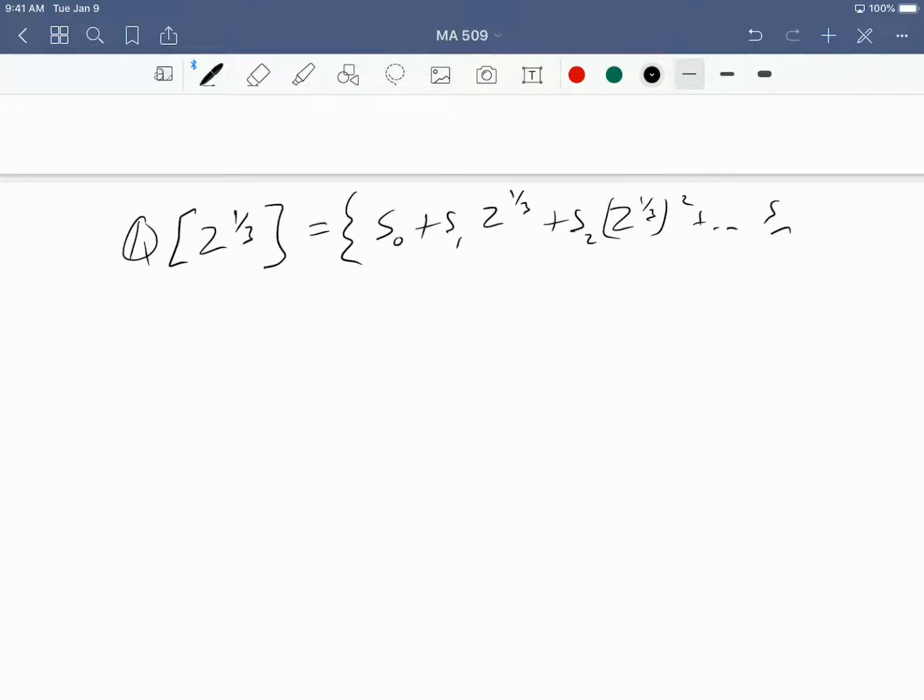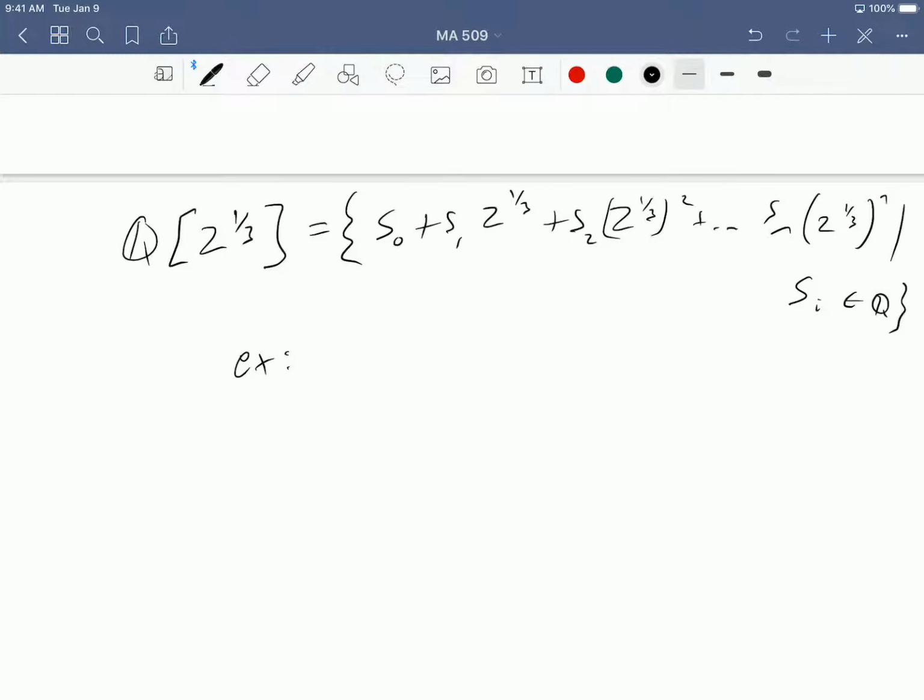Okay, I have all these powers of 2 to the 1/3, and the s_i's again are all in Q. Okay, so now let's think about how we can simplify these numbers.